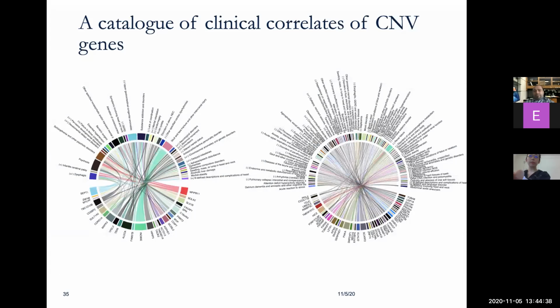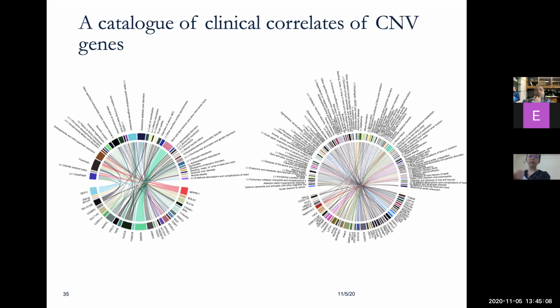And finally, what I want to show you with these are circular plots, and you can look through them on your own time. This is a study that's currently on bioRxiv, where what I tried to do was basically to catalog the effect of each of these genes on what it might do.